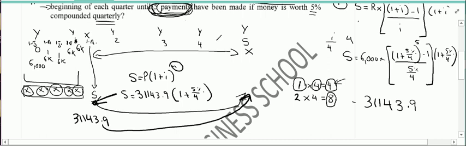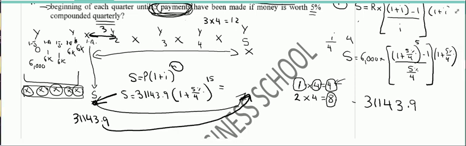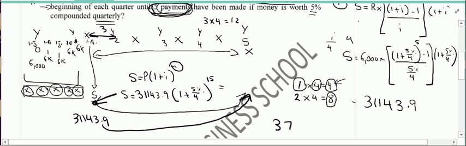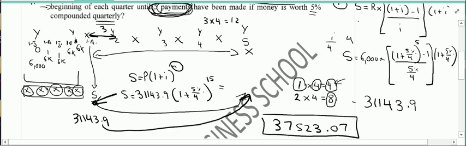We have 1, 2, 3 complete years. 3 complete years multiplied by 4 will give us 12 time periods, and this time period is not the entire year, but it represents 3 quarters. So therefore our n will be 15, and the future value will be 37523.07. This will be your final answer.